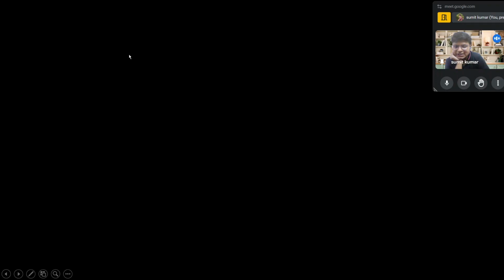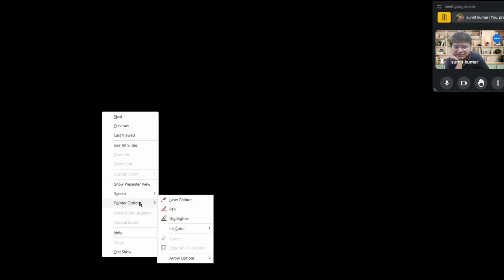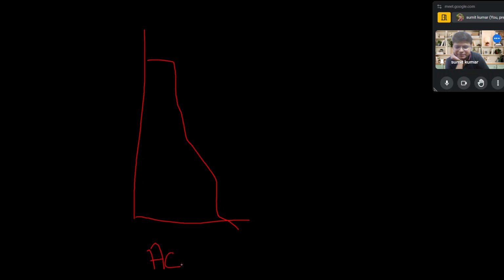See, if we consider a condition in which this is a wall and there is soil over there. For the active state, the soil is moving away from the wall.